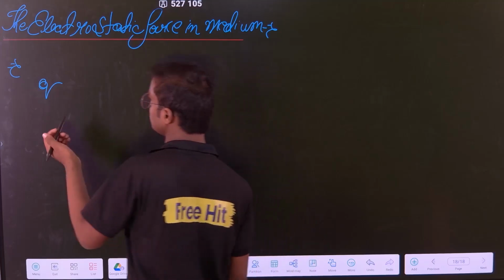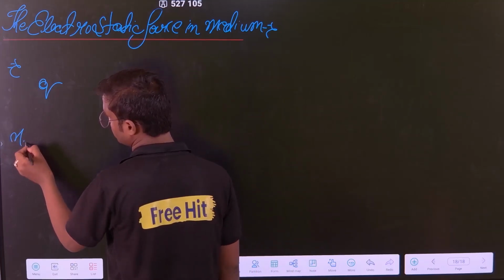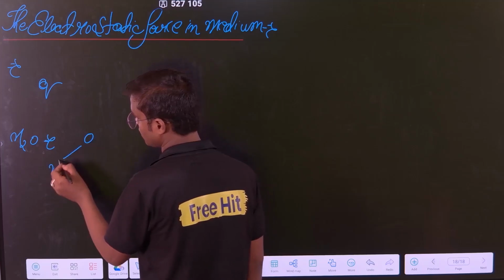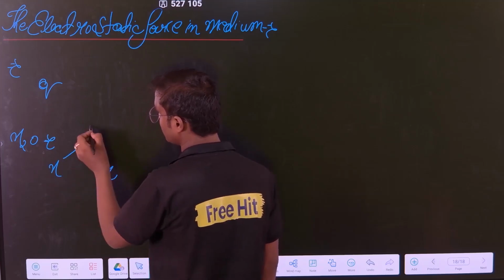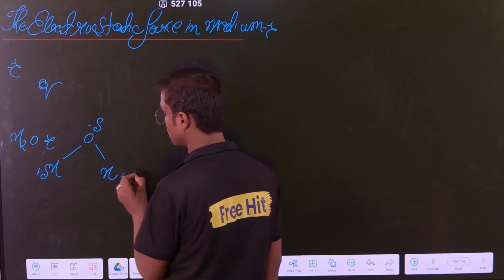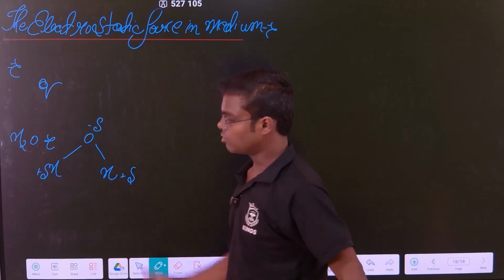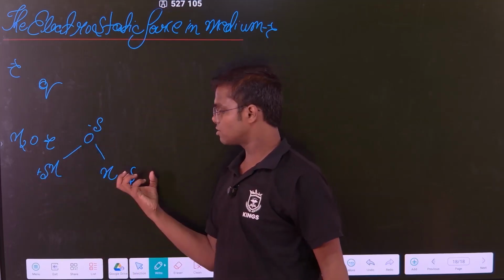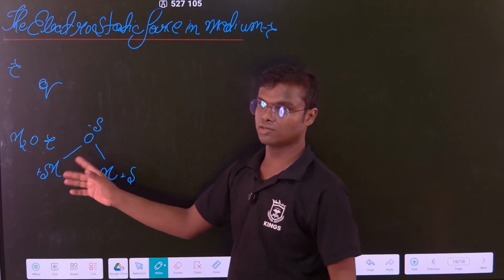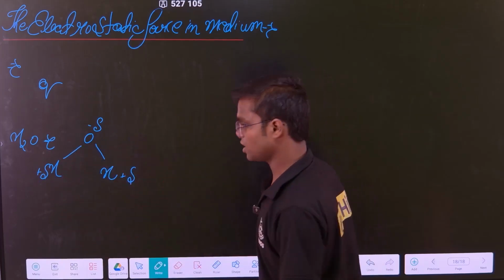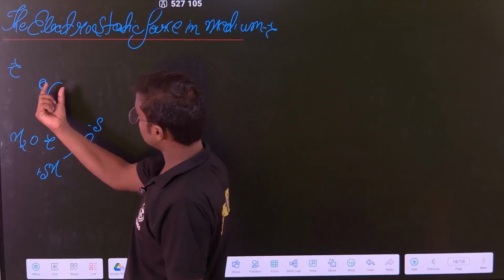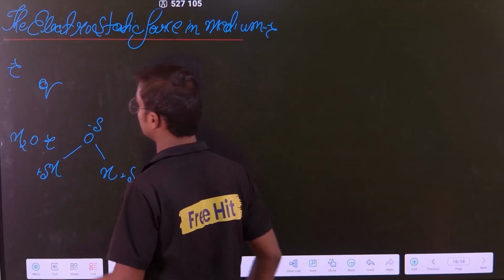If you know water, H2O, it has a partial negative charge on one side and a partial positive charge on the other, so it is a type of dipole. If you remember, this angle is about 106.7 degrees. So when I put this charge particle inside the water, what is going to happen?